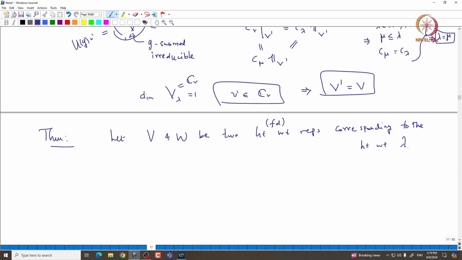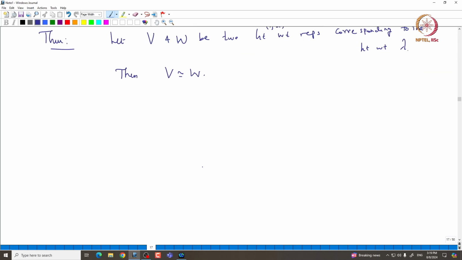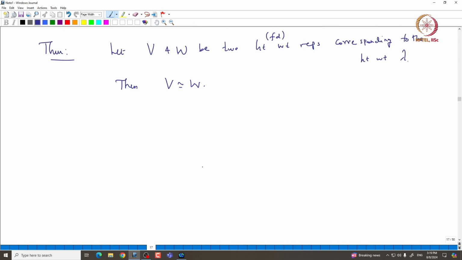Then we prove that V must be isomorphic to W. That means up to isomorphism there can be at most one highest weight representation that corresponds to the weight lambda. So this theorem allows us to focus on the existence. What is the proof? This is again a very clever proof.